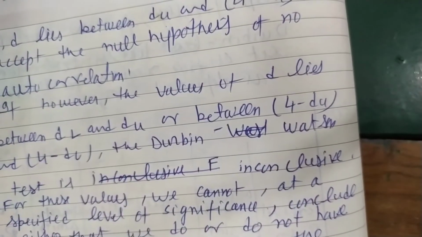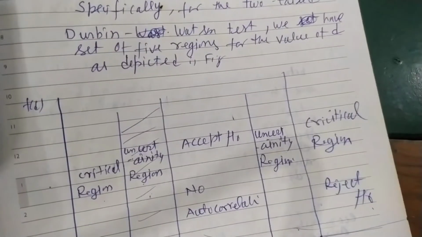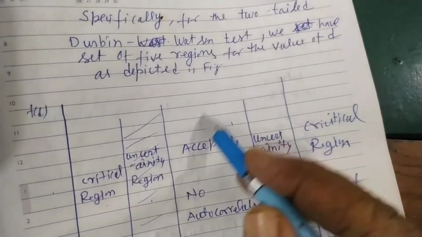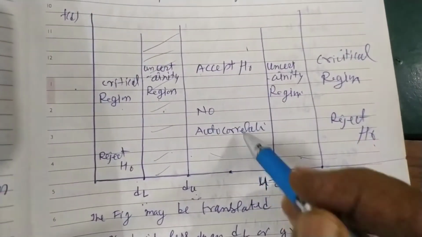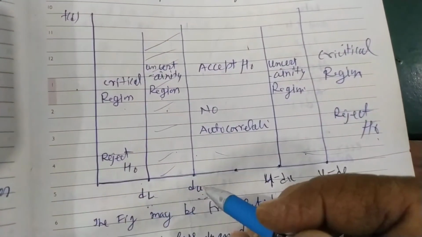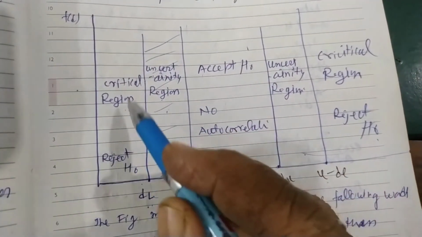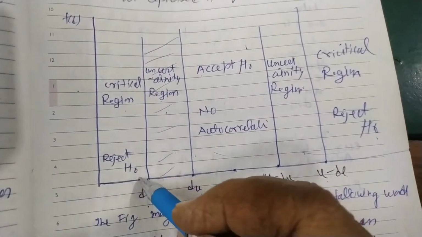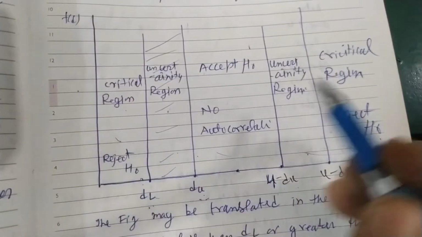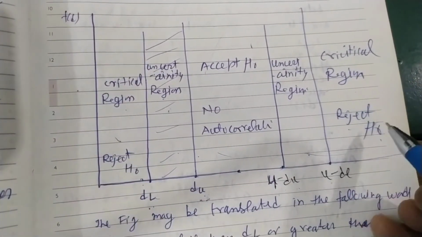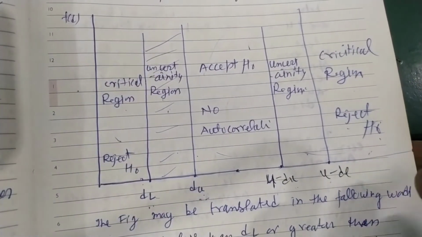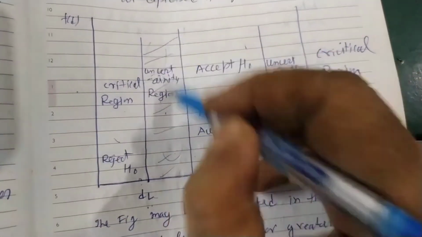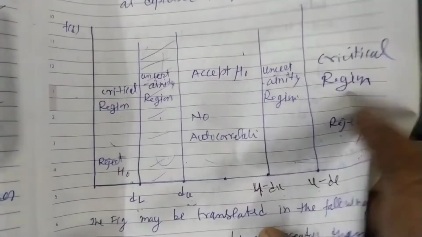This region means no autocorrelation. This dL to dU is the uncertainty region. Critical region, reject the null hypothesis means autocorrelation. This is the uncertainty region.